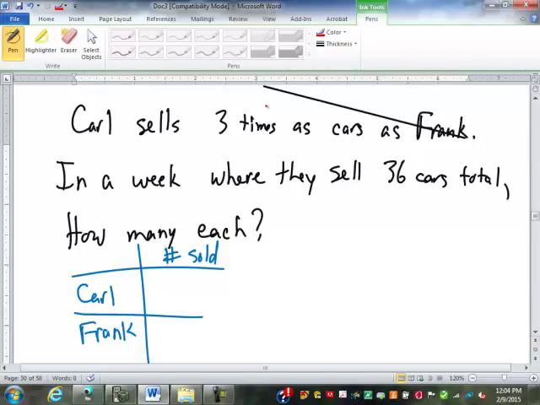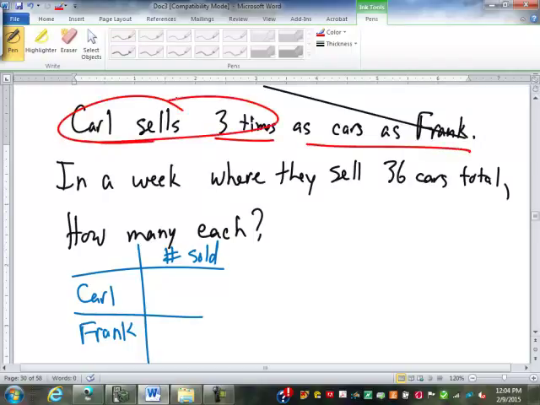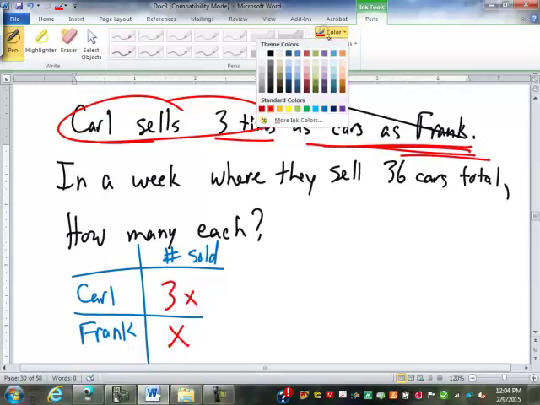So we need to look and see if there's a relationship that relates one of them to the other. And that's the very first line here. Carl sells 3 times as many as Frank, which means Carl's sales is referenced off of Frank's sales. So we're going to call Frank's sales, number sold, x. Carl, being 3 times as many, would be 3x.